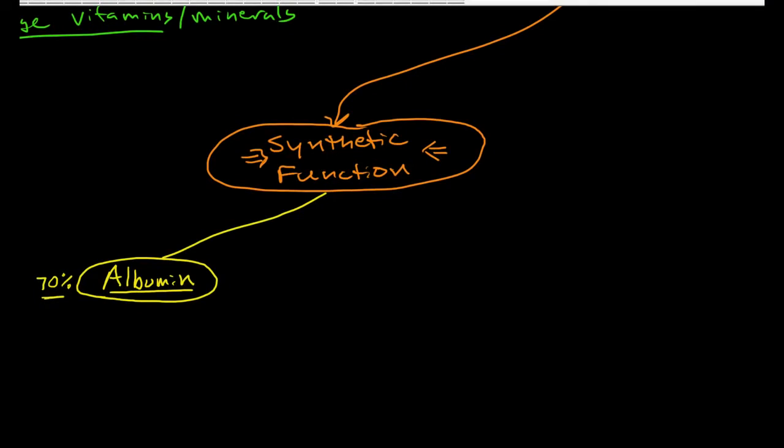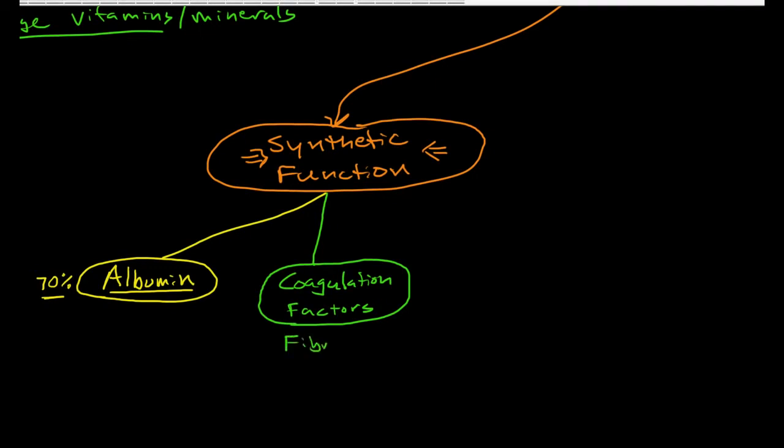The next important group of proteins are coagulation factors. Now, not all coagulation factors are produced in the liver, but a number of very important ones are. And obviously, the most important of all is fibrinogen, which is produced in the liver.